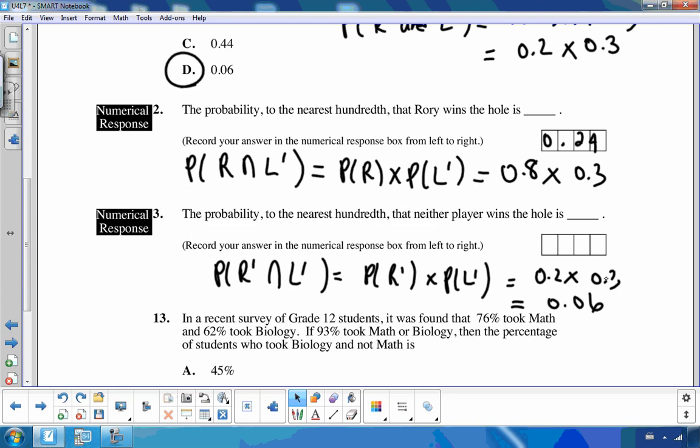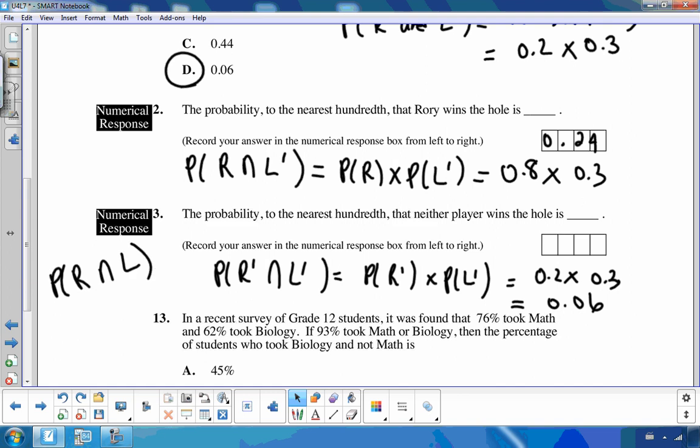Oh, wait a second. Let me think. If neither wins, this is them both losing, but if neither wins, a tie technically is that neither person wins. So I have to also look at a tie. So we have to add on that one as well. A tie means neither person wins. So I also have to look at the probability of Rory and Luke winning. Wow, this is a good question.